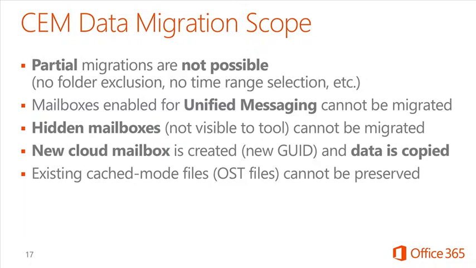The hidden mailboxes, as we said, won't come over because those aren't visible to NSPI or the Outlook Anywhere clients. And because the mailbox that's created is a new mailbox provisioned in Office 365, this means that the new mailbox has a new GUID, which means we have an OST resync.